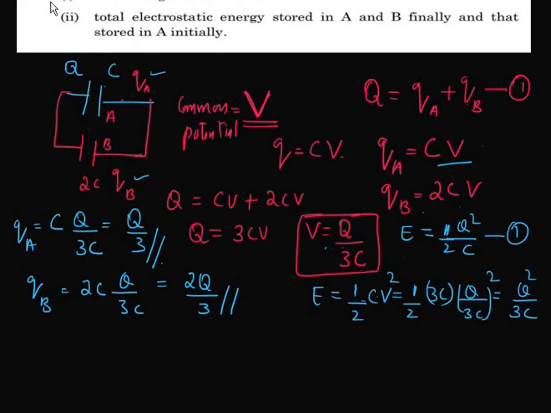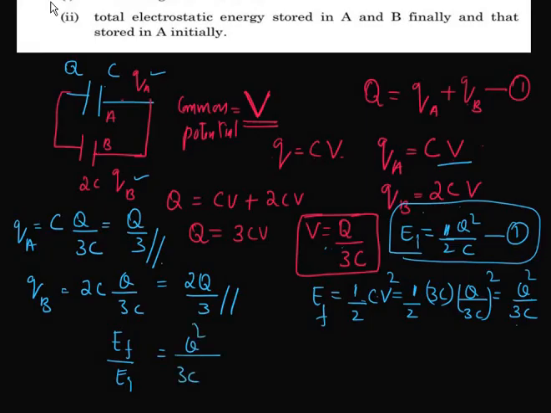Now we can find the ratio of these two. The initial energy is half Q square by C and the final energy is Q square by 6C. So once you take the ratio of EF by EI, let us substitute the values. That is Q square by 6C divided by EI, which is Q square by 2C.